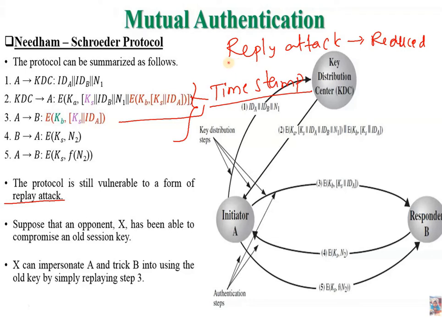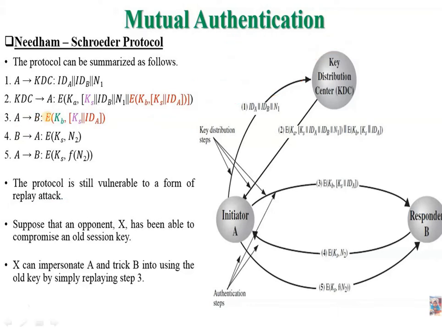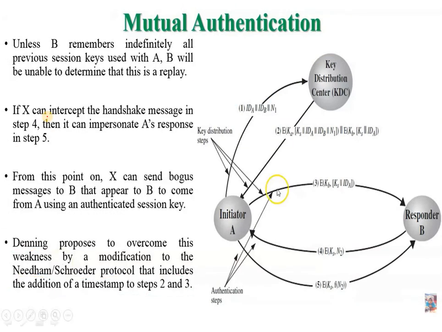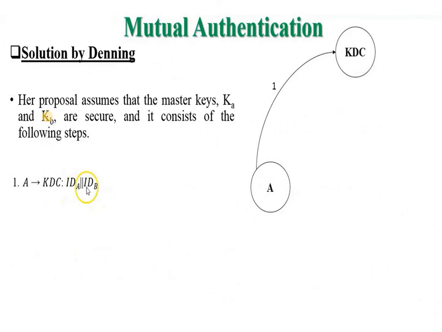To reduce this replay attack, he added a timestamp in step 2 and step 3. So that's what this Denning has done. You can see his proposal. So with certain modifications in the Needham-Schroeder model, he proposes this protocol.